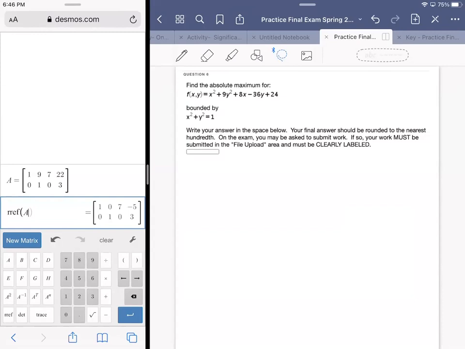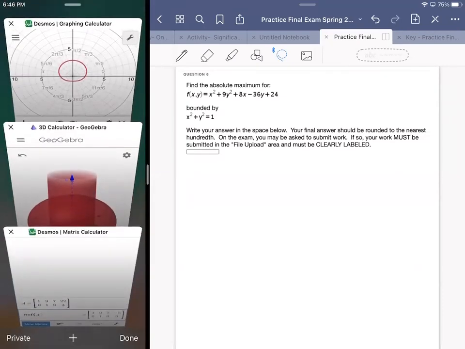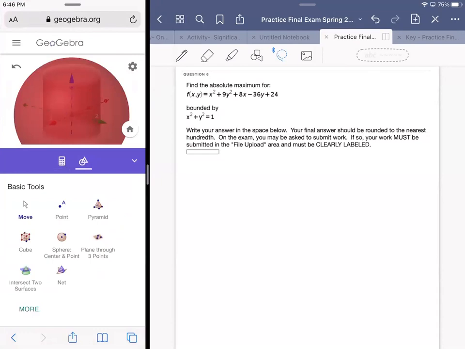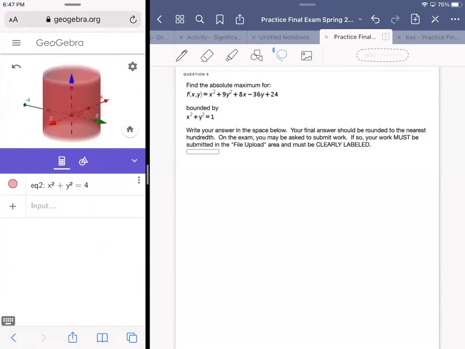So what you can do is just pop both of these into Geogebra and take a quick look. And this one I don't need anymore. I just want to go in the right direction here. Okay, delete.